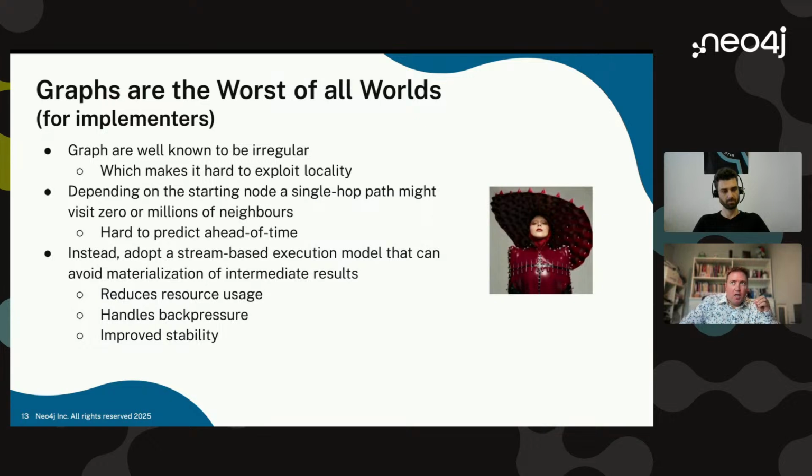And if you have to process them, can we make sure that we do it reliably, so that if we have to do 1 million traversals from a single node, the system doesn't fall over when we do it? Can we make sure that we do it in a given memory limit and still make progress?